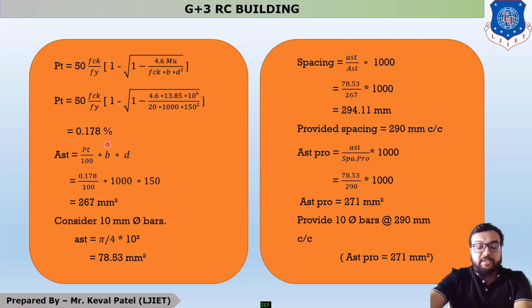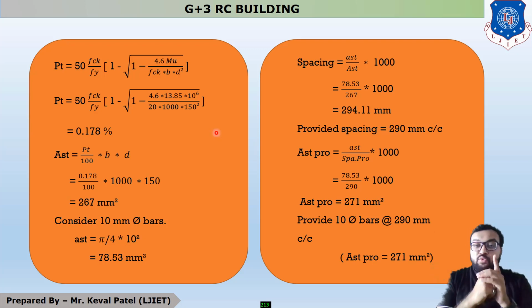After finding out the PT, the next step is to find out AST, spacing provided, and AST provided. So your final answer is provide 10 mm diameter bars at 290 mm center to center. It means your AST provided is 271 mm square. Okay, so this E, G and F calculation remains the same.